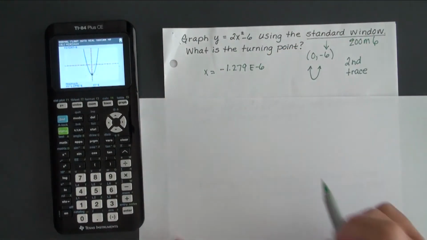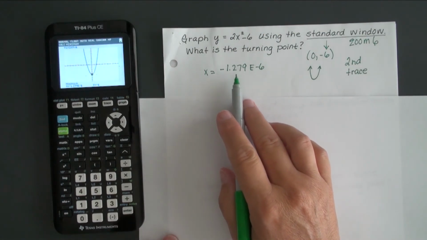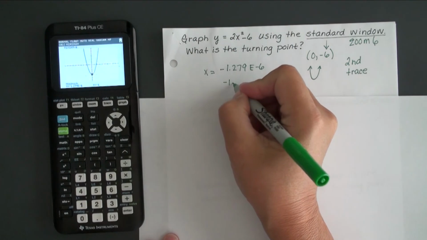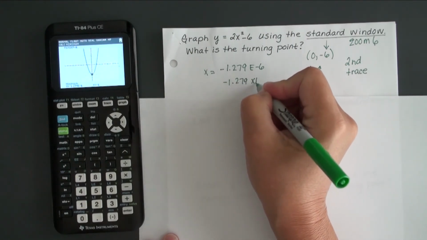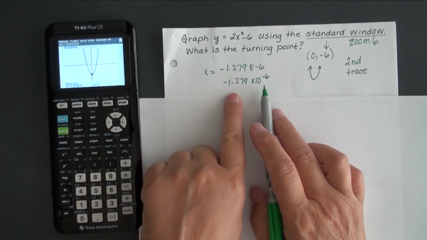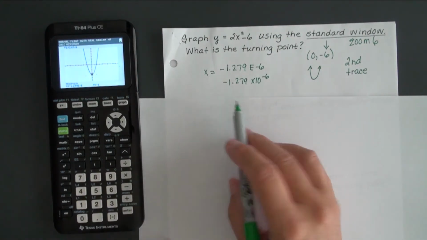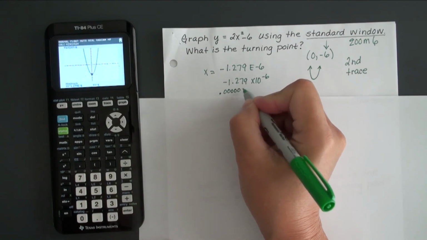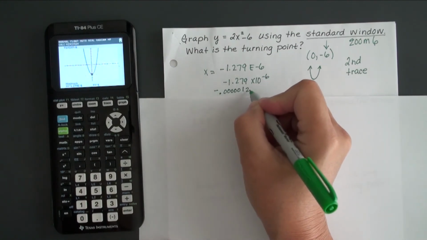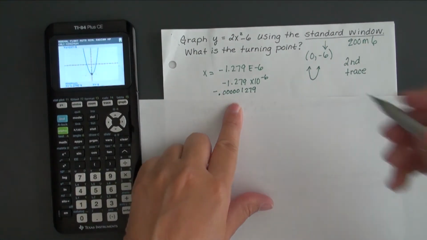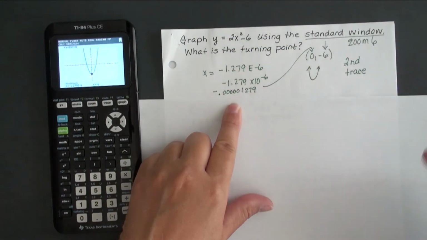What that means is -1.279 times 10 to the -6th power, which means you would move the decimal to the left 6 places, giving us 5 zeros in front of that number. So that is essentially 0.